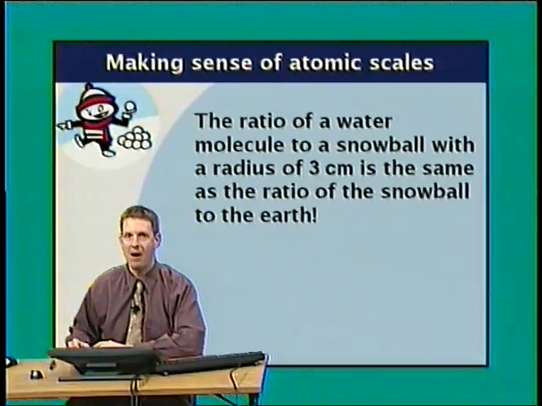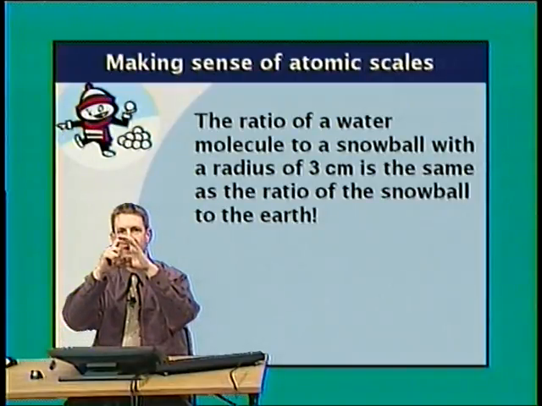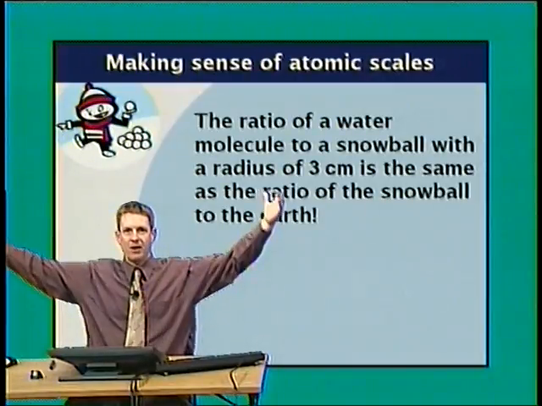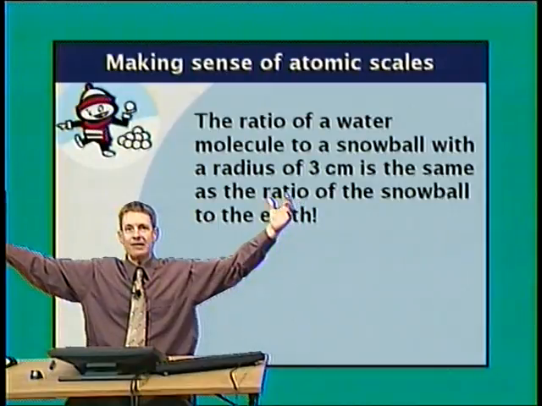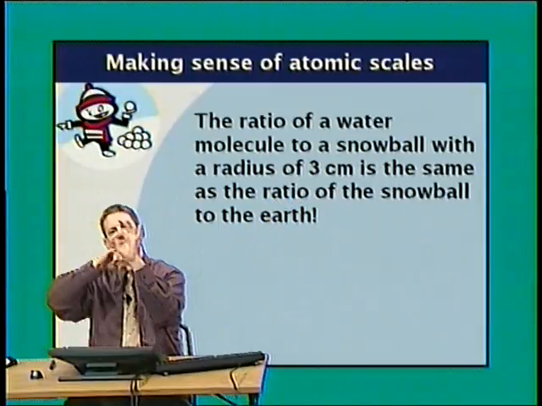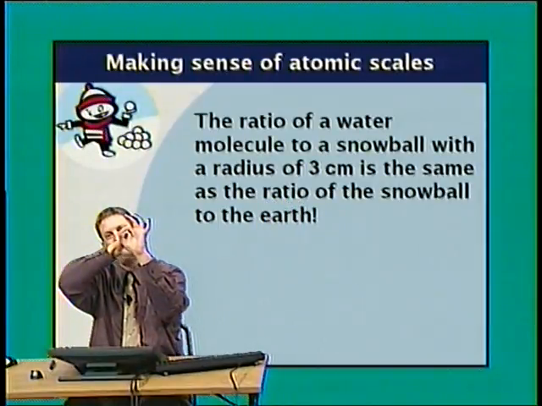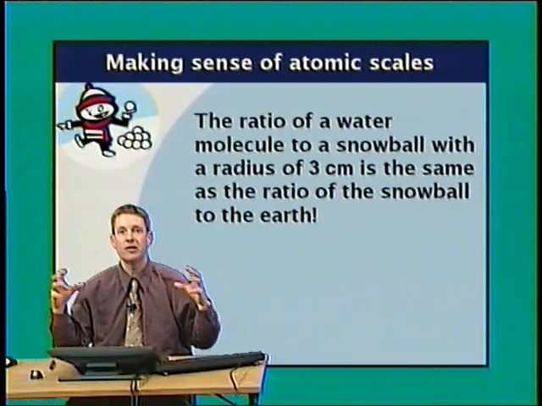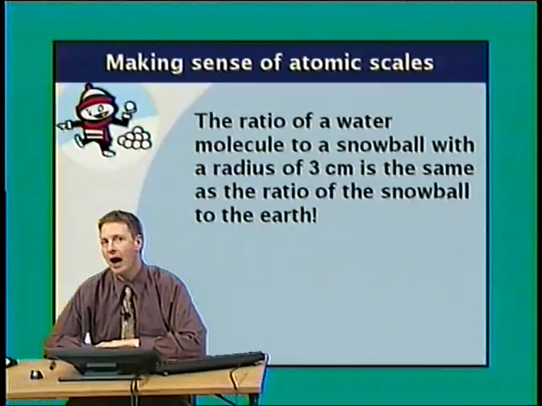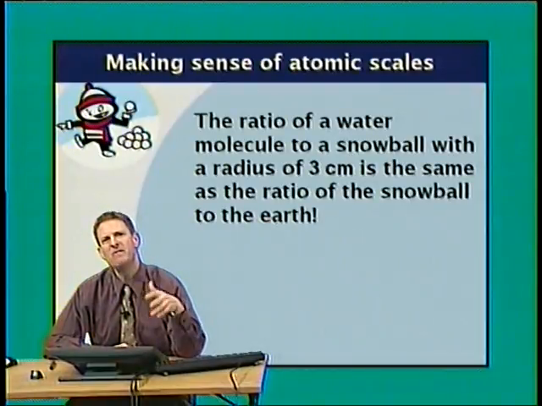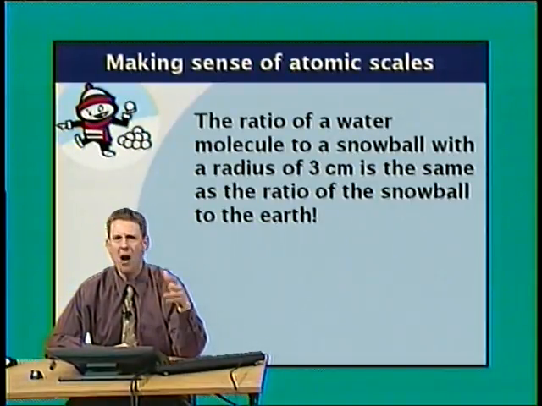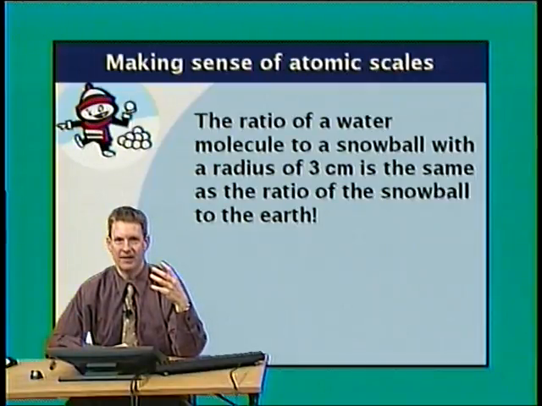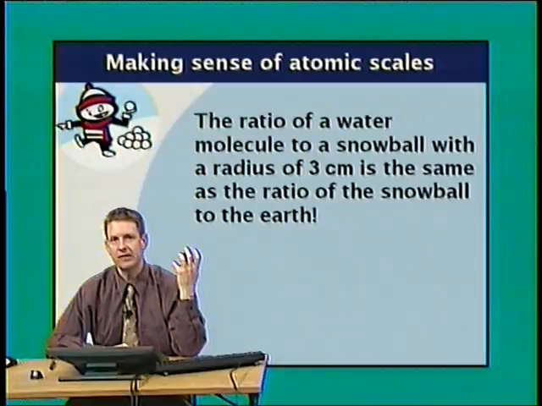If you think about how a snowball with a radius of 3 centimeters compares to the Earth, that's the same ratio you get if you take one of those little water molecules inside the snowball and compare it to the snowball. So I thought about how I could convey just how big a difference it is between the size of a snowball and the size of the Earth.